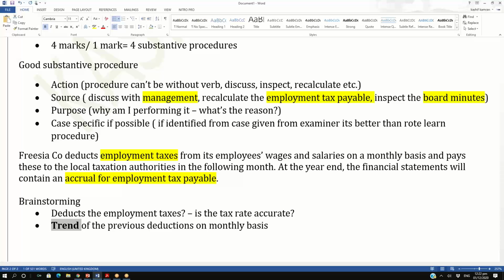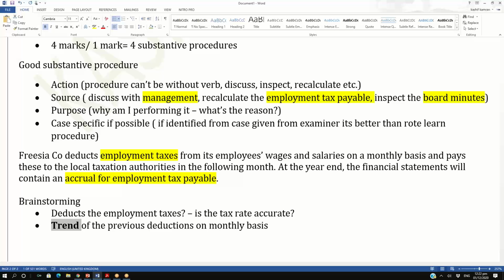If the number of employees have not changed and their salary structure has not changed, ideally it should reflect the same trend. What if in the last 3 months, on average, the accruals have been like 100, and in December the accrual only became 50? It also indicates that the management might be understating accruals at the year end, just to ensure that their profits are boosted.